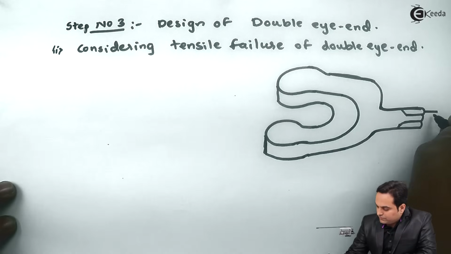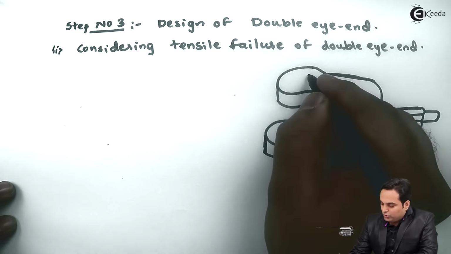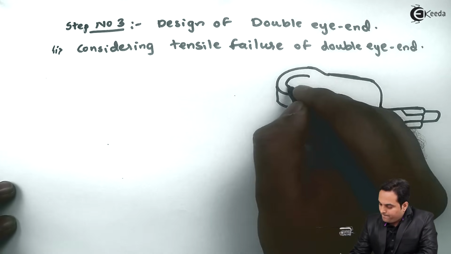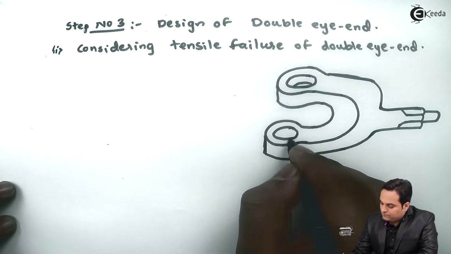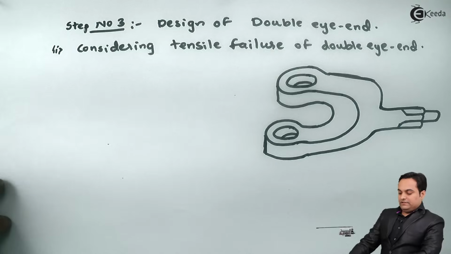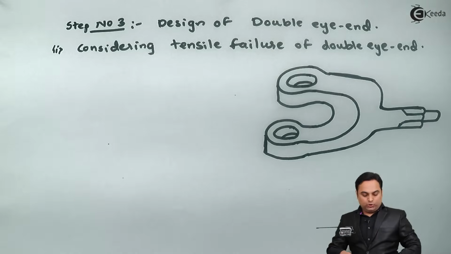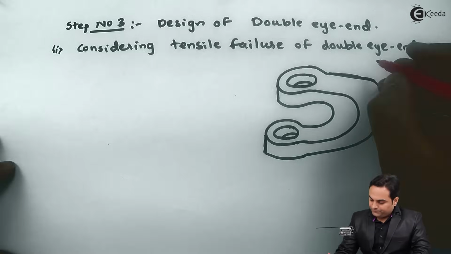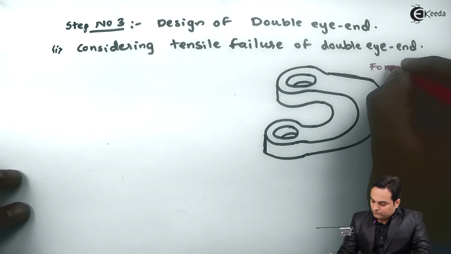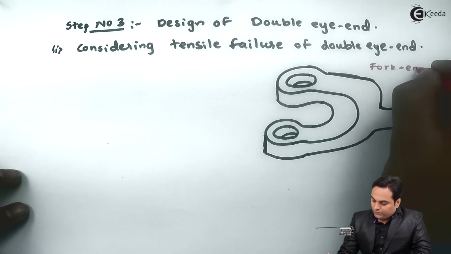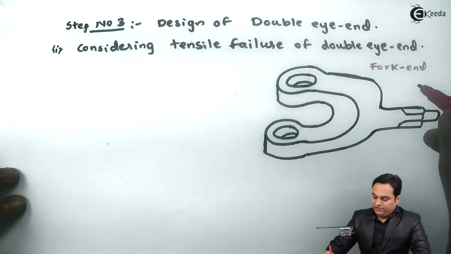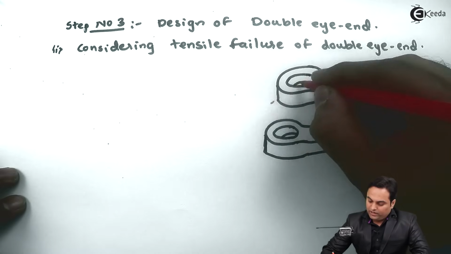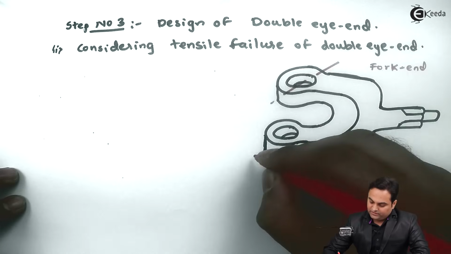Now here this double eye end also carries a rod and it is hollow in section. So this is the double eye end, also called as the fork end. Now when we are checking for tensile failure, it will break into 2 halves from its center like this.